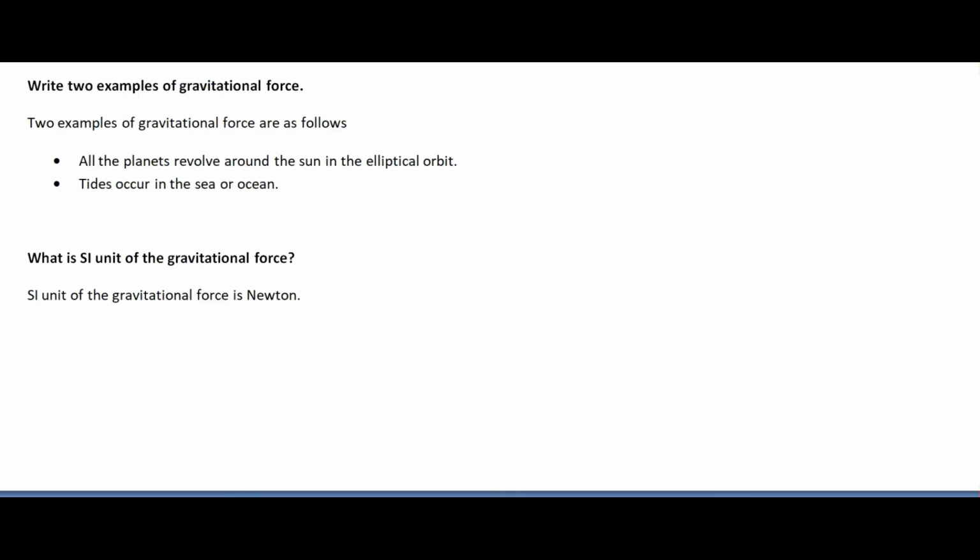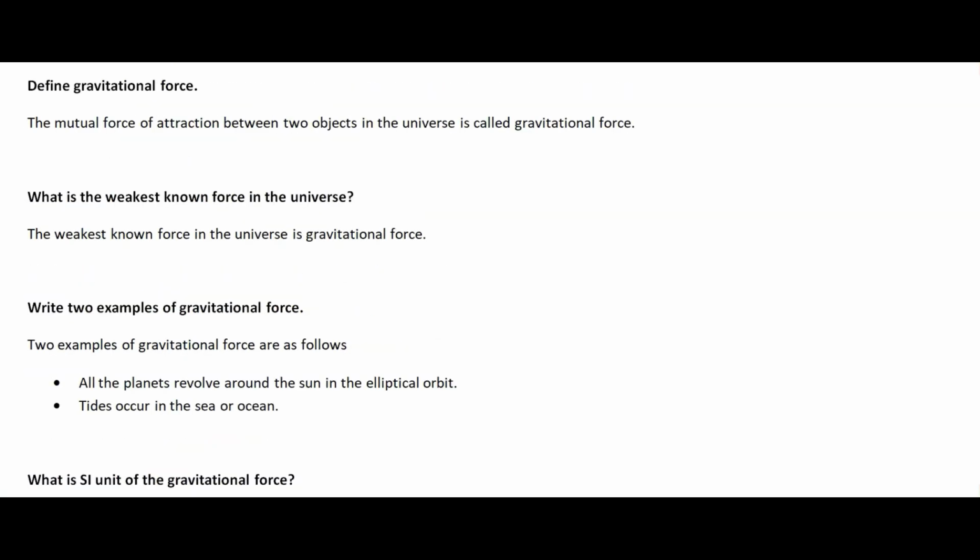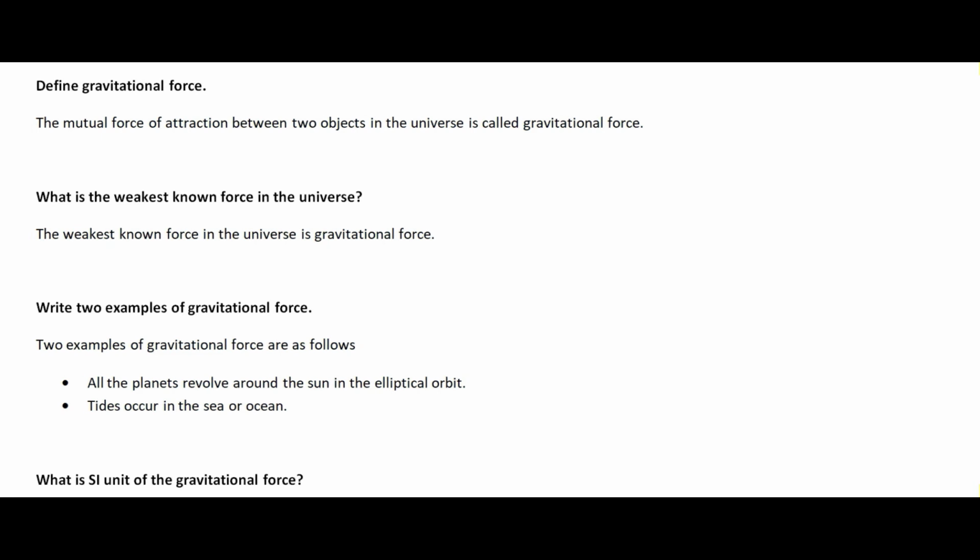So students, I want to revise whatever I have taught you today. First of all, I have taught you what we mean by gravitational force. The mutual force of attraction between any two objects in the universe is called gravitational force. And the gravitational force is the weakest known force in the universe.